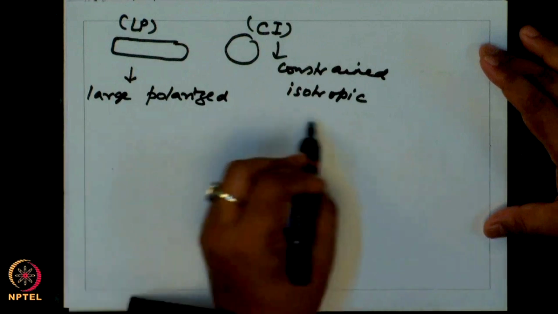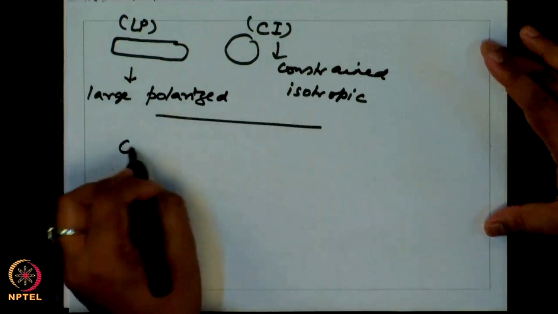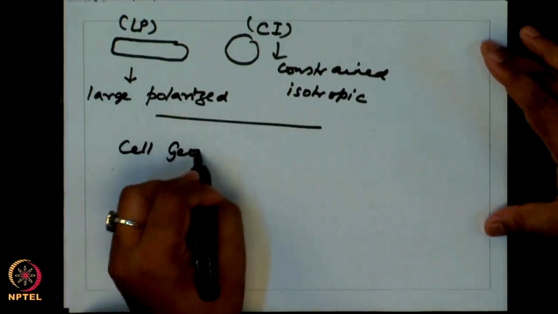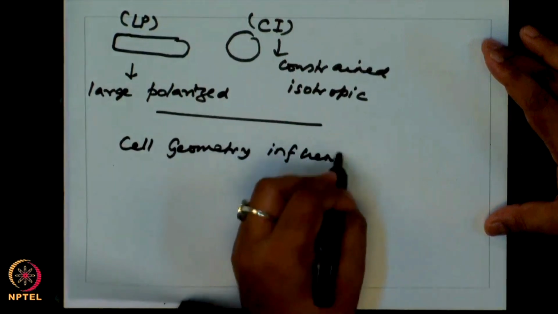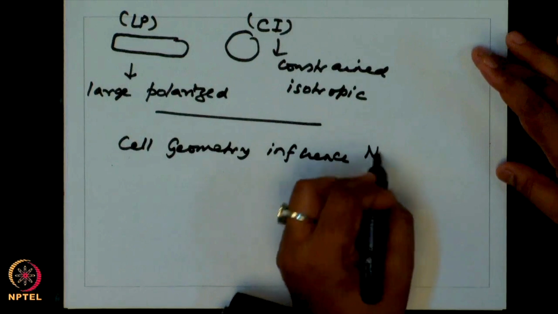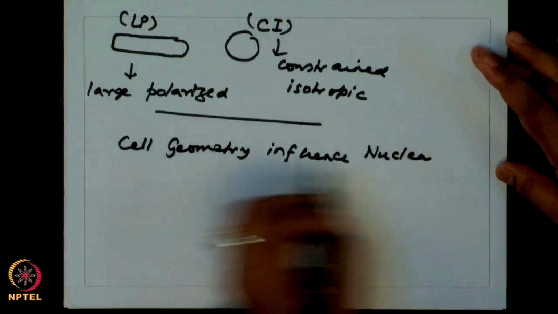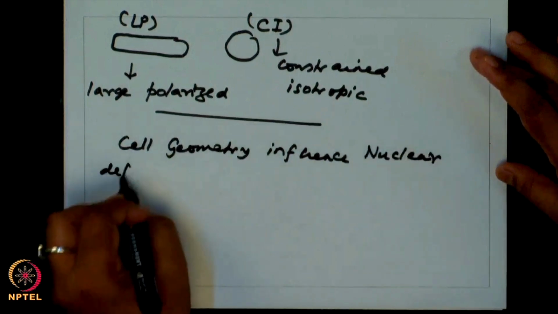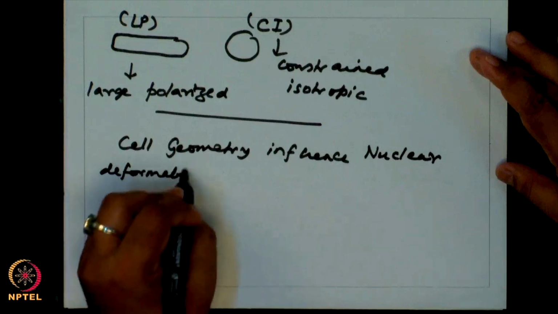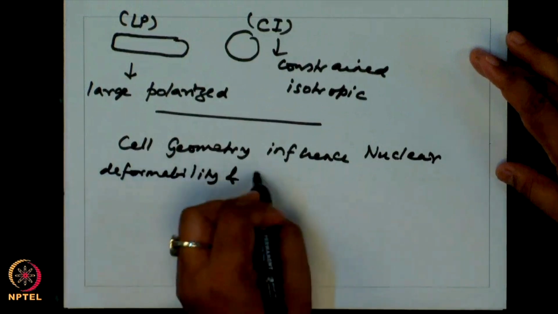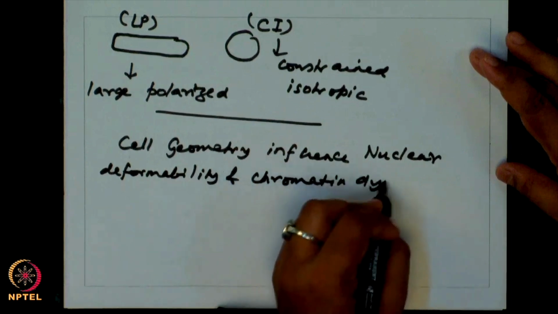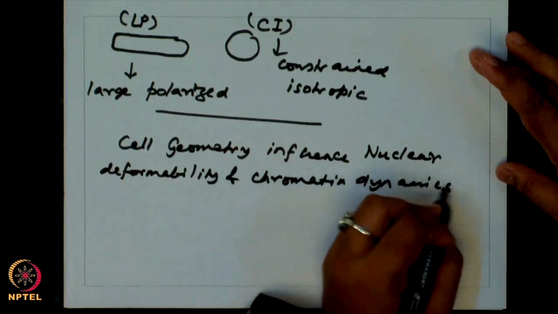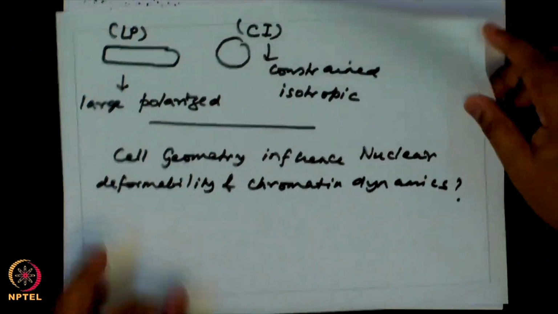Through this they wanted to ask how cell geometry influences nuclear deformability and chromatin dynamics. So, this was the question.